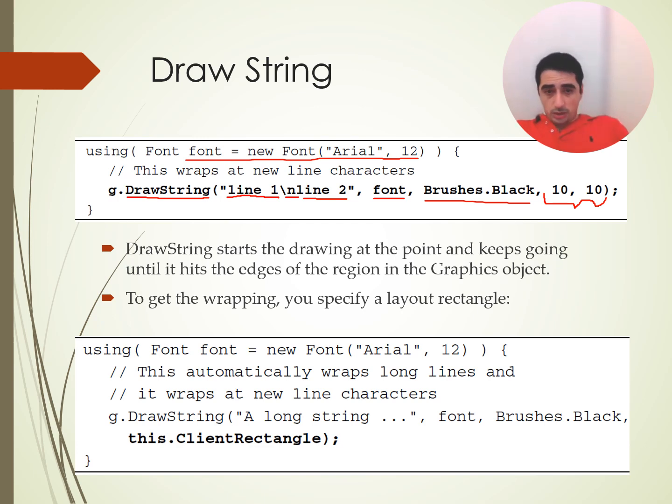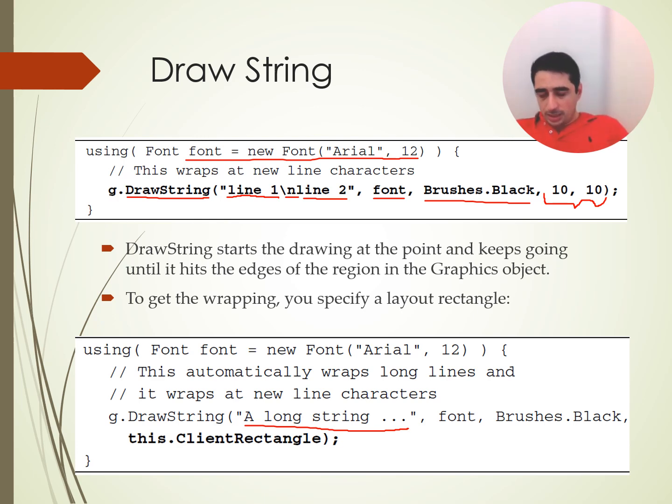Now, if you want to have wrapping for your text drawing customized, you need to specify the layout of a rectangle and pass this rectangle as the last parameter of your DrawString method. For example, I'm drawing a string with this text, a long string, and because it's a long string, I care about the wrapping.